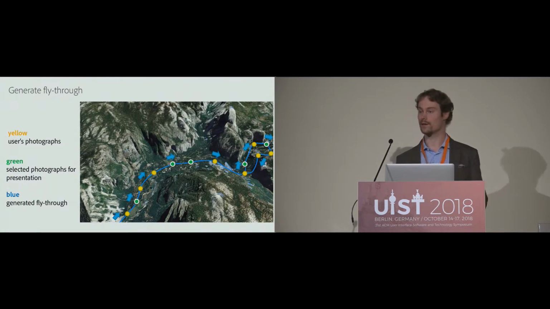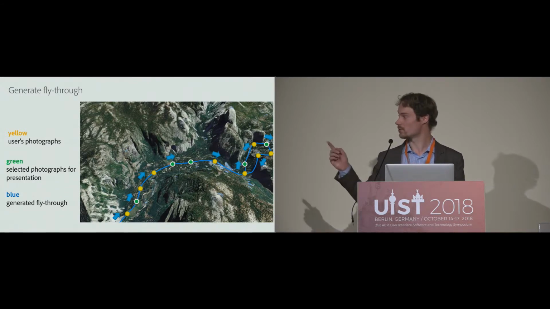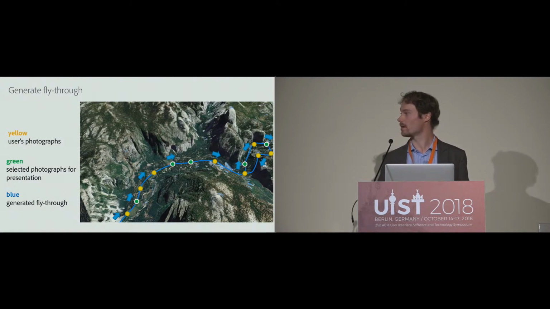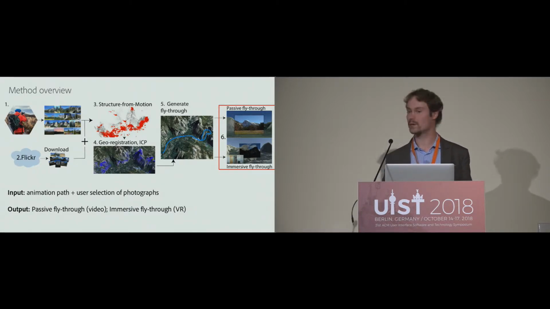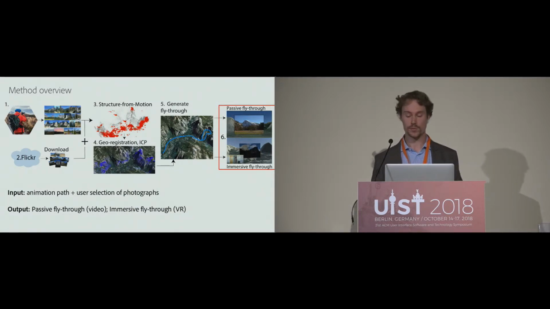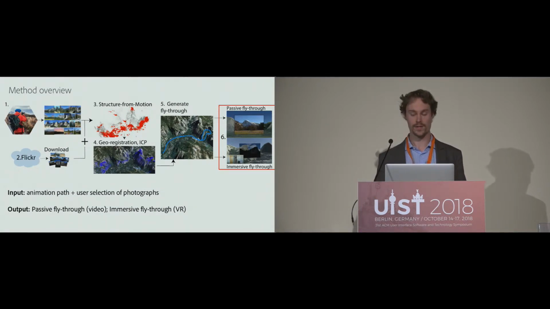Then the camera path is recreated by creating a smooth spline with camera positions, those yellow and green dots, as control points. This way we recreate the camera path and we interpolate between camera orientations from the first photograph to the second one and following. We may export this representation to a passive fly-through, which you saw earlier, or an immersive interactive fly-through, which can be seen in VR.